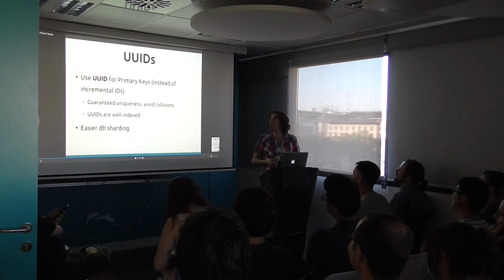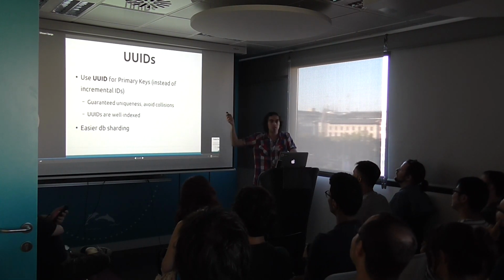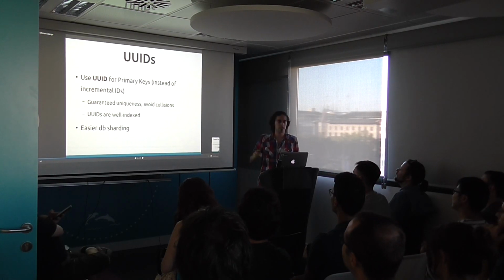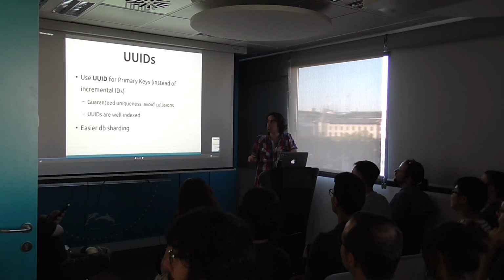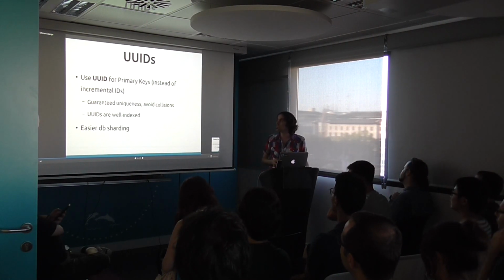Okay, if your machines are, for example, Internet of Things devices and they get split from the network and you use primary keys, yeah, that's funny. So always use UUIDs. It will be easier to scale your logic later. Also, they are very well indexed. In MySQL and Postgres, they have had native UUID fields since some years ago.